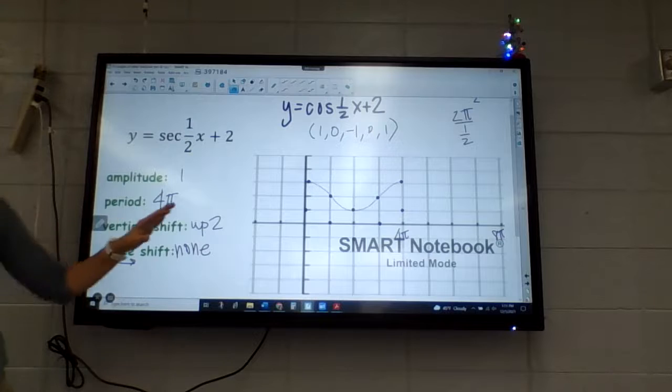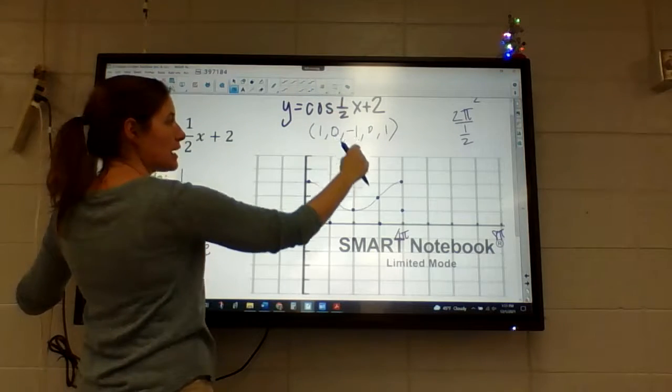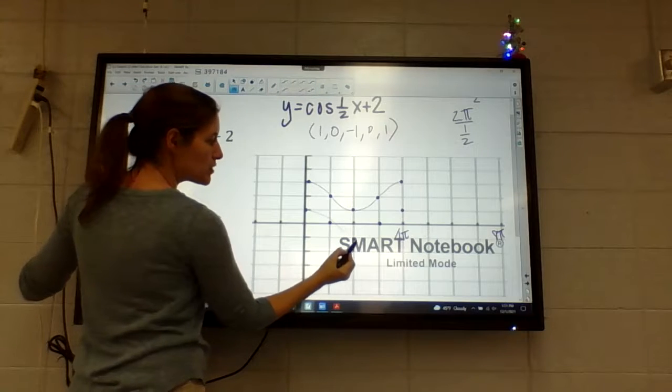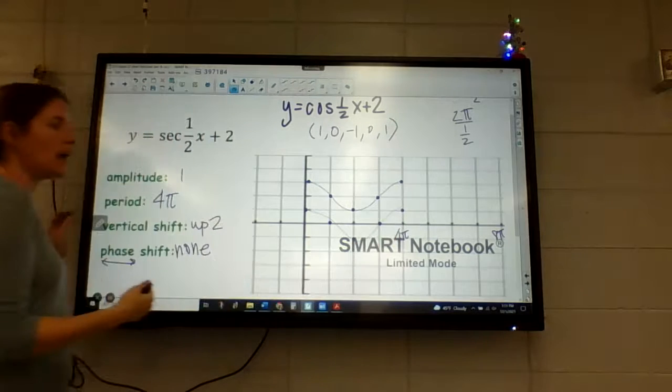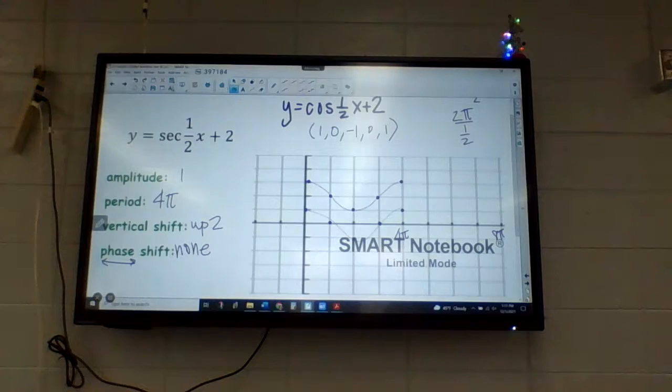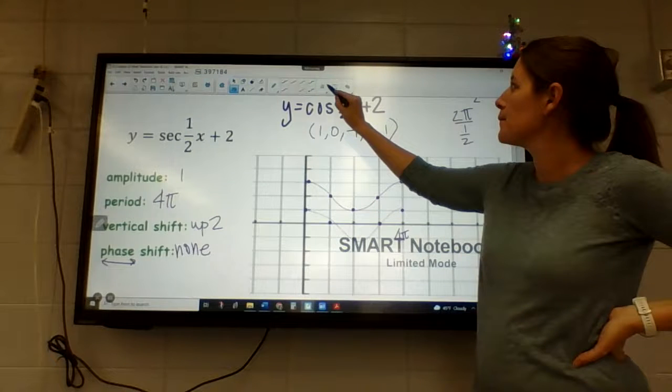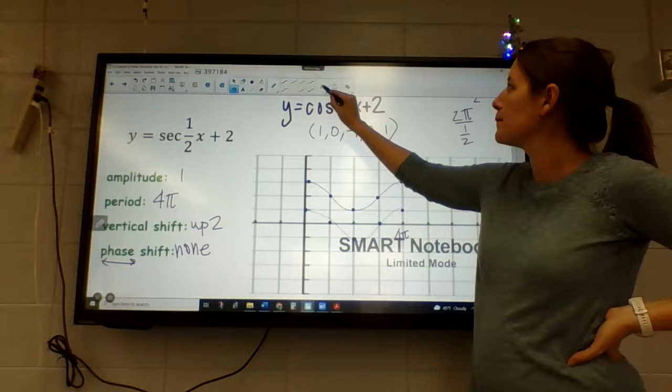Okay. So guys, I'll write it in a little lighter color here. So this was my original cosine graph, and then I shifted it up 2, right? So the darker purple is my new cosine graph. So that's the one I want to use for now my secant.